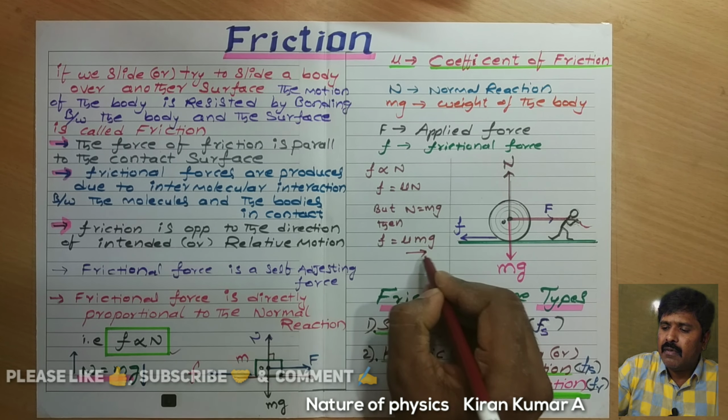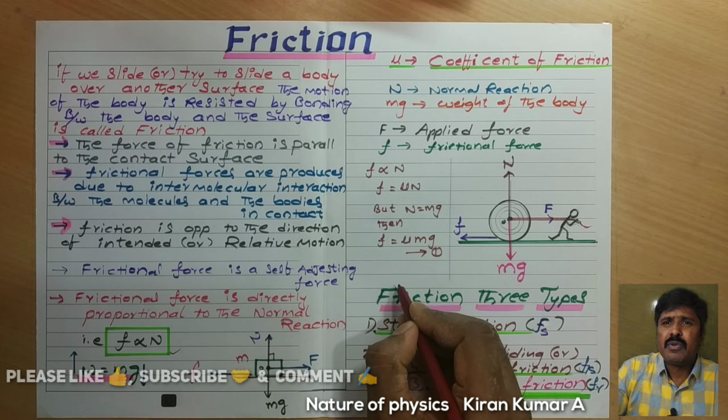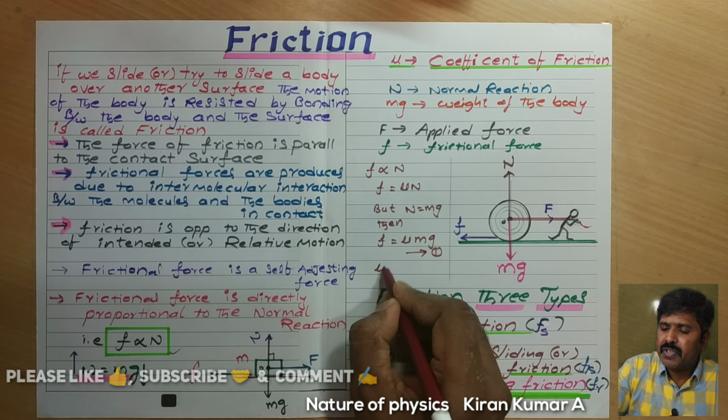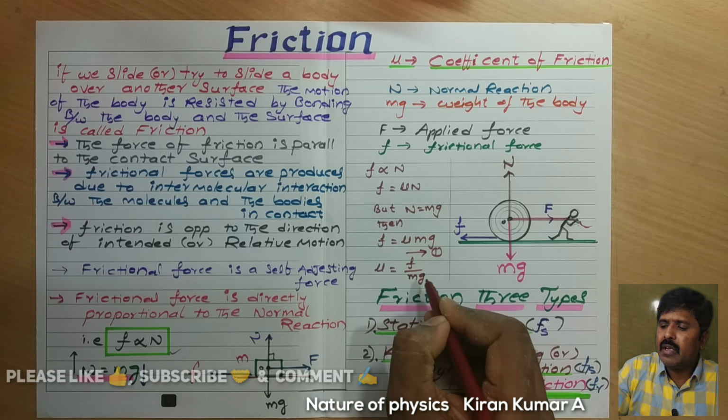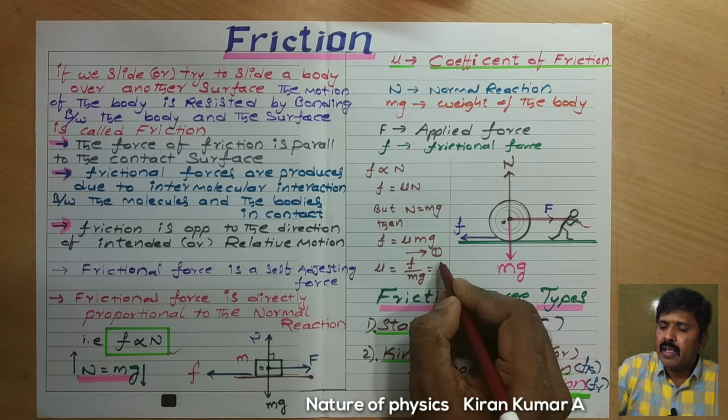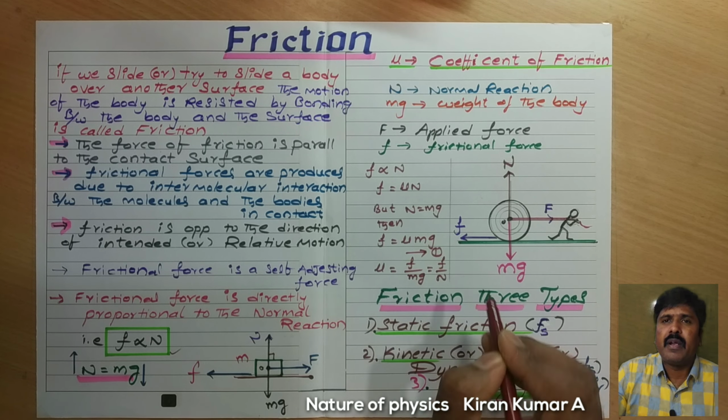This is the first equation, student. Also, we can write the coefficient of friction mu is equal to f divided by mg, or f divided by N.